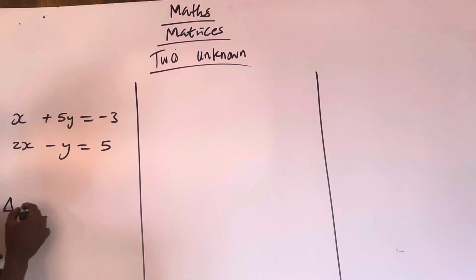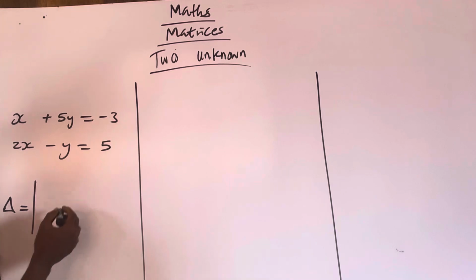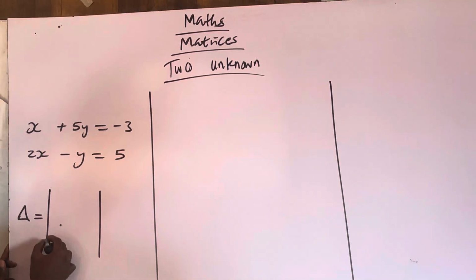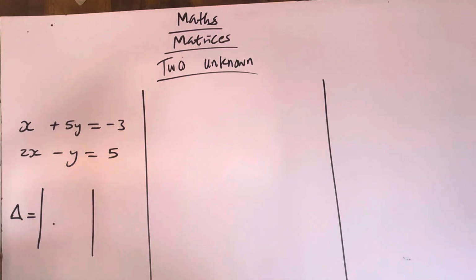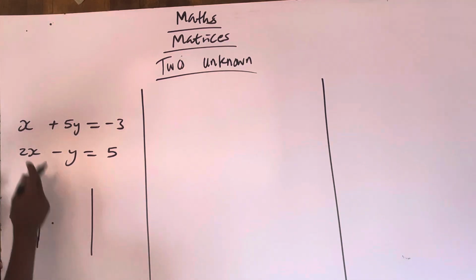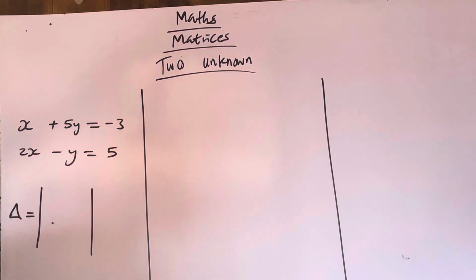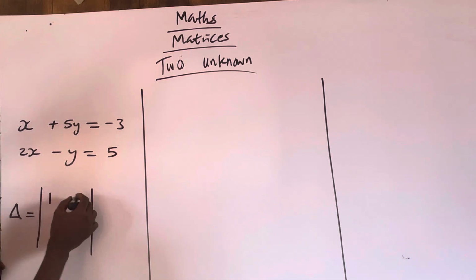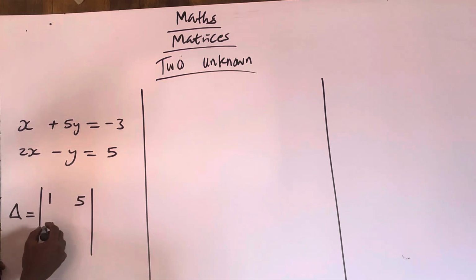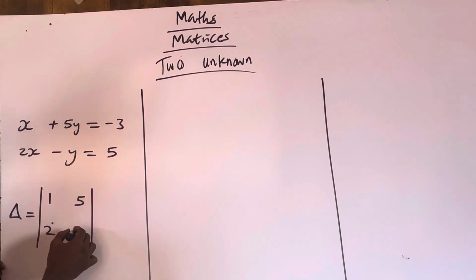Delta, you know the meaning of this sign. This sign means delta. The coefficient of this x is 1, then 5, 2, minus 1.